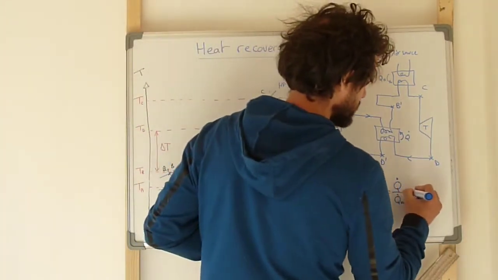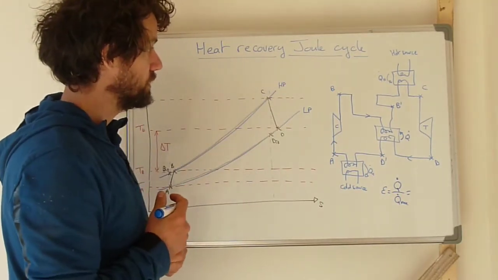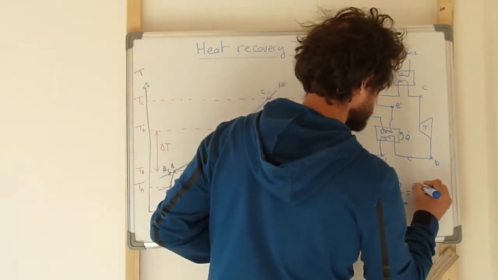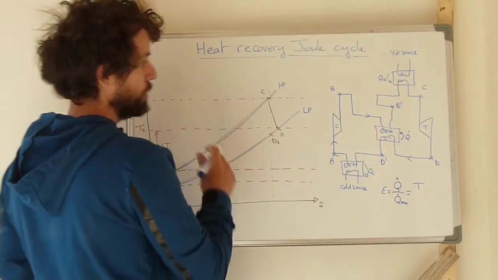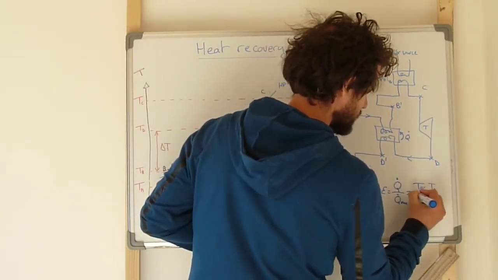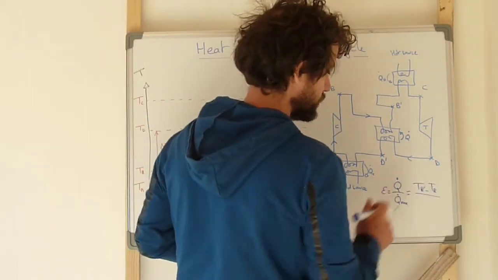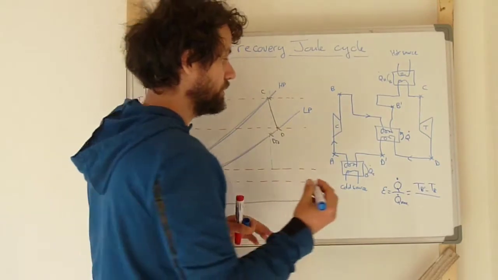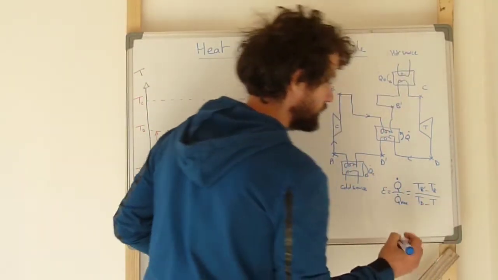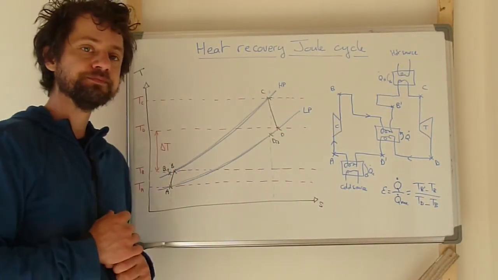And this can be written only according to the temperature difference. So the actual temperature difference, if we take fluids from point B to B prime, so Tb prime minus Tb, this actual temperature difference is proportional to the actual heat transfer rate, and the maximum heat transfer rate will be the temperature difference between the inlets of both fluids, Td minus Tb.